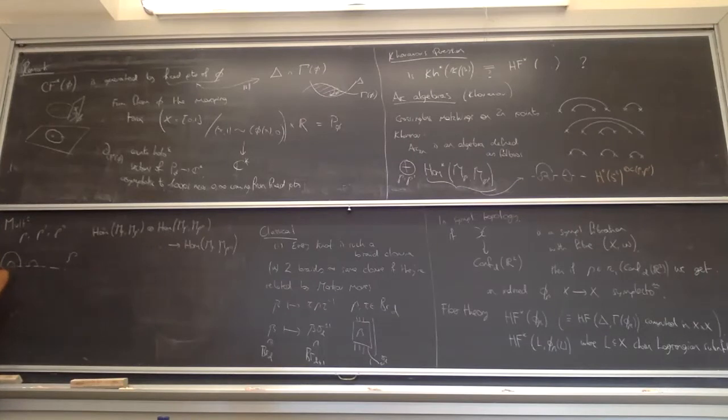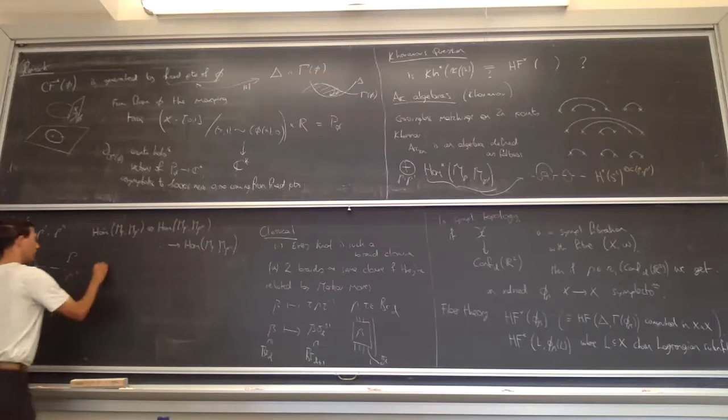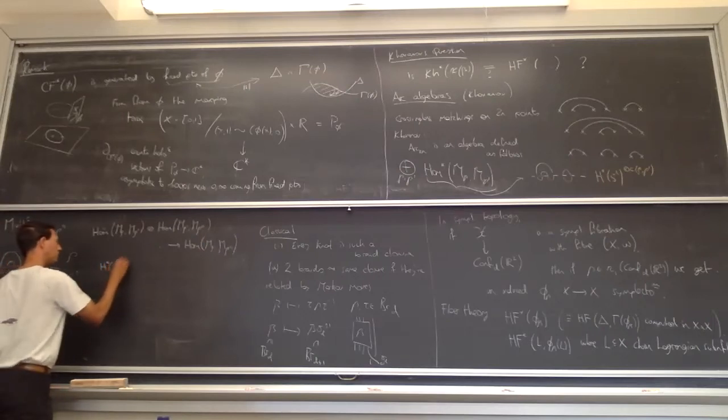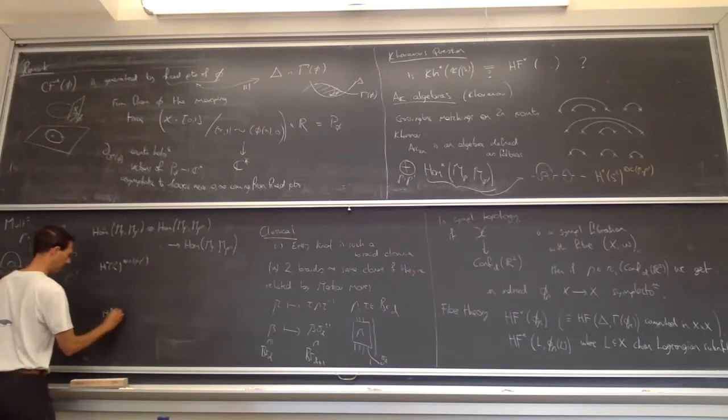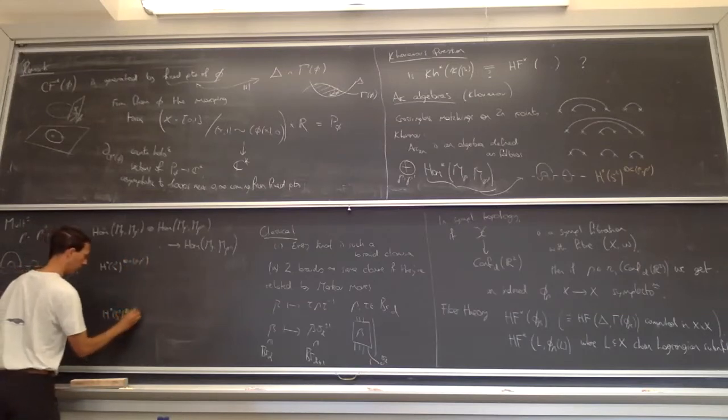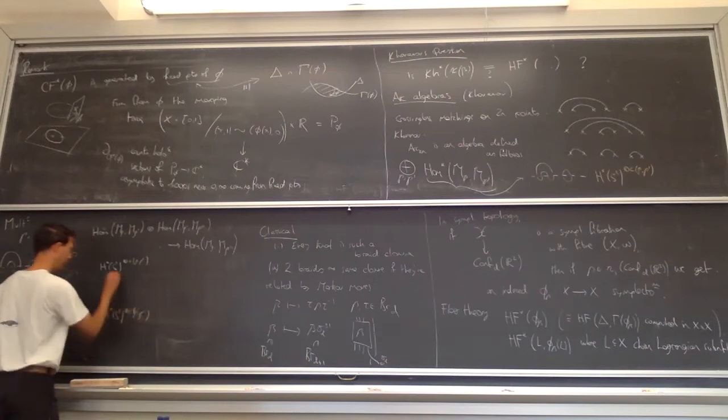I'll then take the thing that was rho prime, but I'll actually have that twice. And then I'll have whatever rho double prime was. So I have a copy of H star S2 to some number of factors here, and I have a copy of H star S2 to some number of factors here. And I need some map.